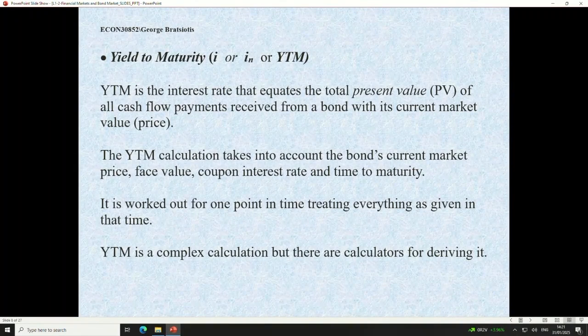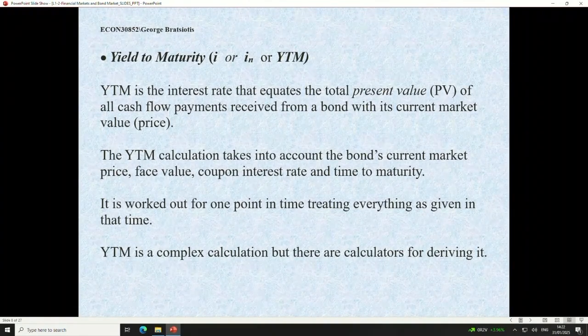So, when you're trying to work out the yield to maturity, you take into account basically everything. The coupon payments, the maturity, but also you're supposed to be taking into account that every year you reinvest back into that bond until maturity.